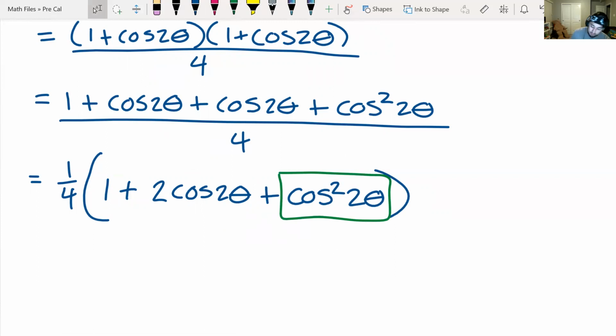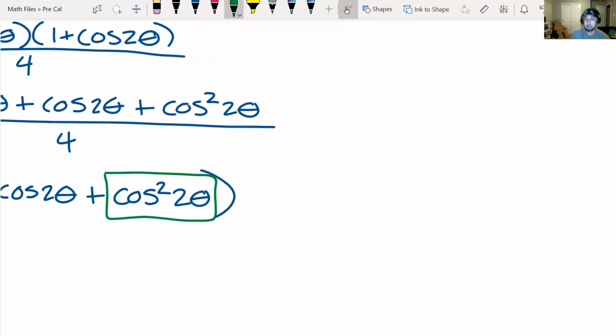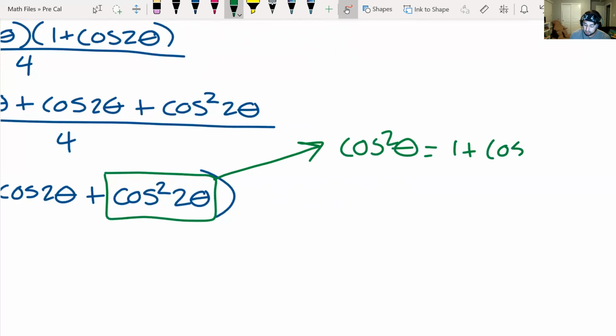So what I'm going to do with that is use the new formula we learned above. Cosine squared theta is equal to 1 plus cosine 2 theta over 2. That's the new formula we learned.